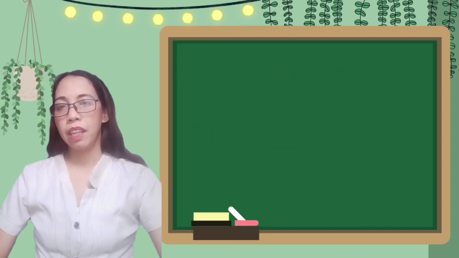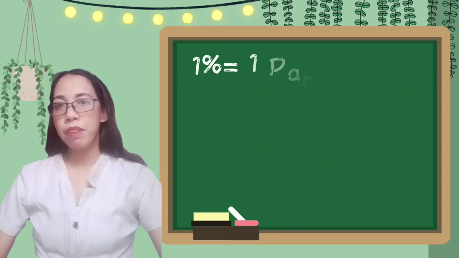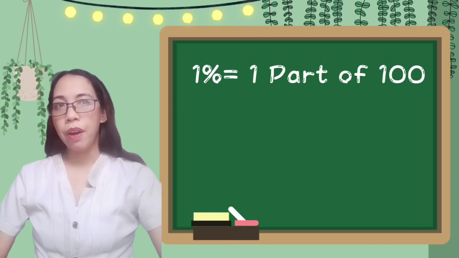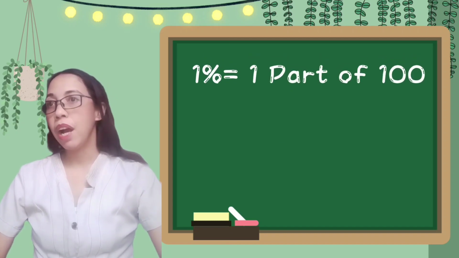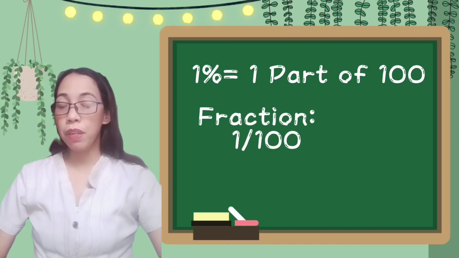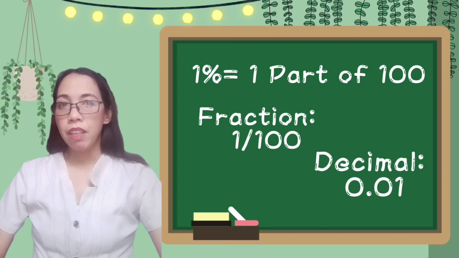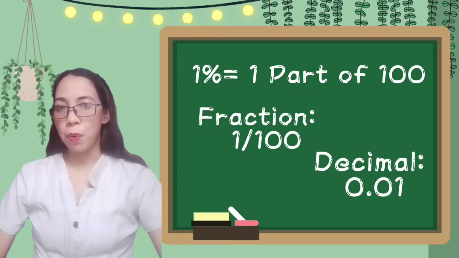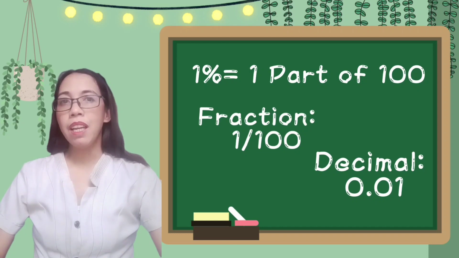Another one. 1% is equal to 1 part of 100. So the fractional part will be 1 over 100 and the decimal will be 0.01.